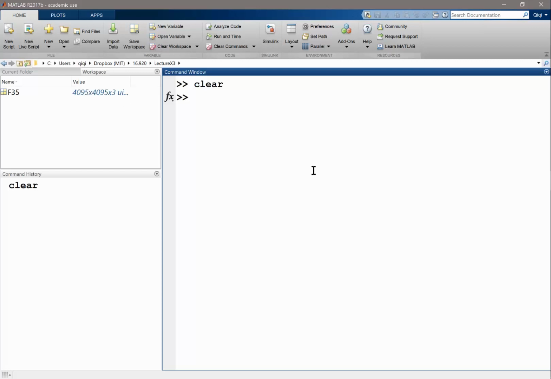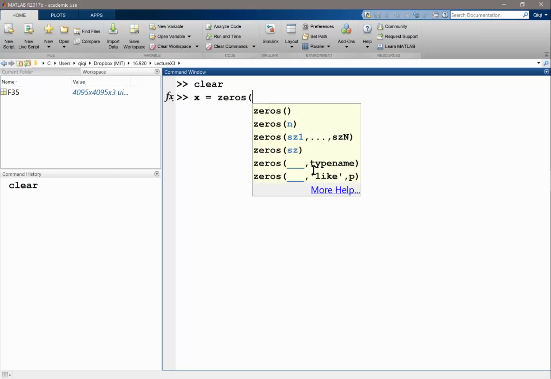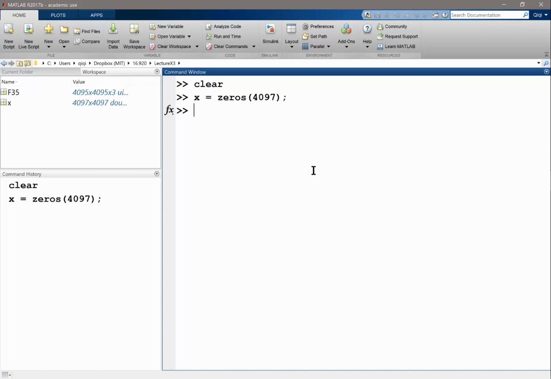So let's first make a solution. Now include the boundary grid points, and we'll set the Dirichlet boundary conditions so that they are 0. So x would be zeros with 4097, right? That'll be including the boundary grid points. And now let's set the interior.